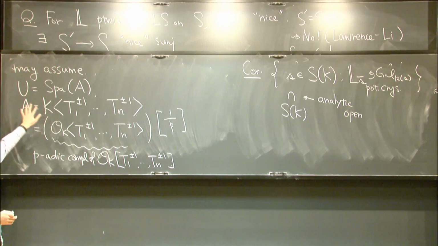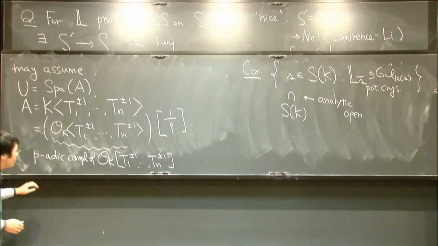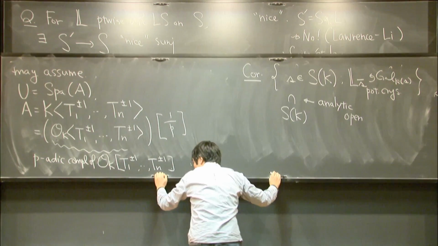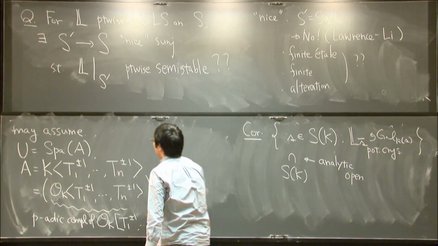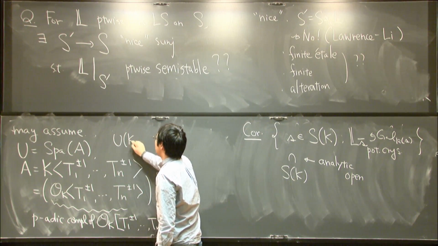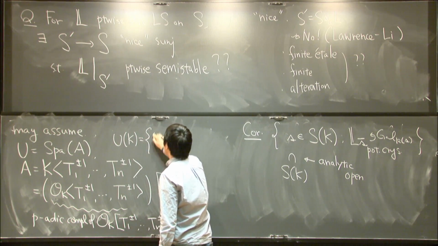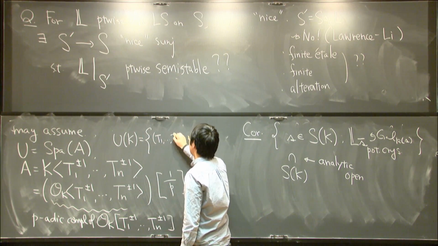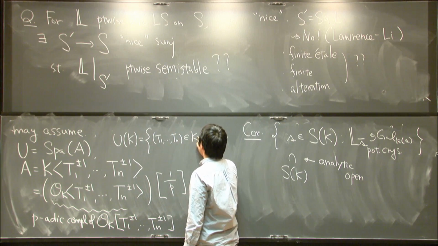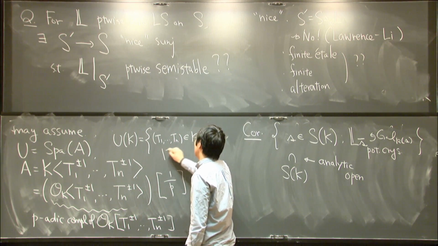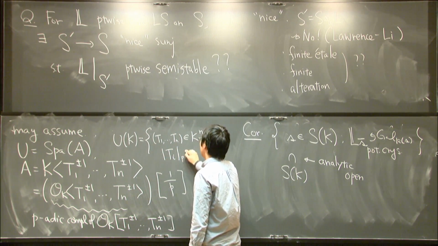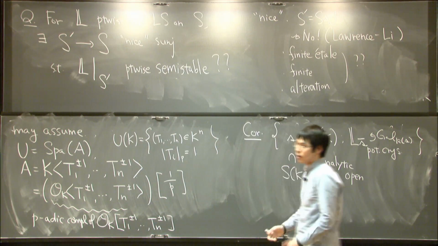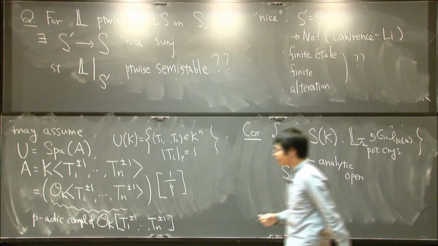And if you invert p, that's the ring I'm writing. And then naively, this means, for example, that K-valued points of this object are nothing but n-tuples of elements of K such that the absolute value of each component is exactly 1. So this is the kind of rigid torus.